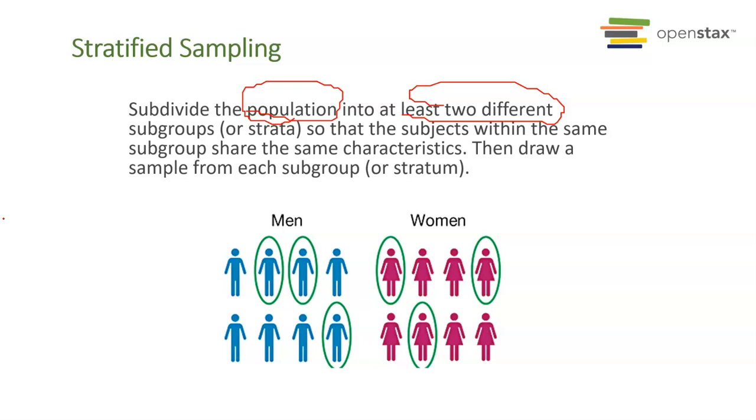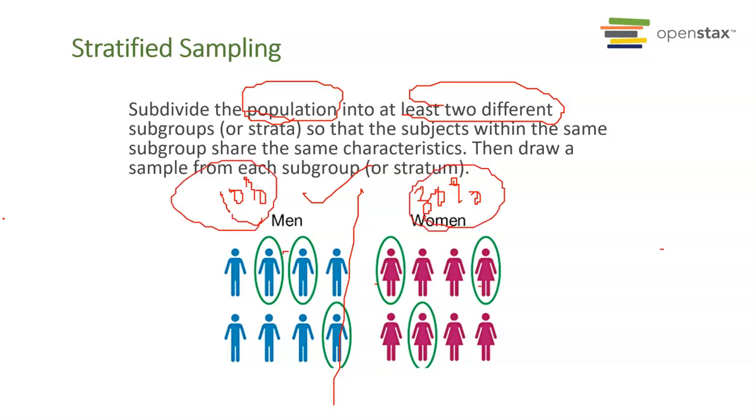Then you break them up into groups and you say, oh, I'm going to take 3 from each one, or I'm going to talk to 10% of these groups and then 30% from these groups, where you're going to break everybody up into groups and then take some from each group. How you pick that sum, is it the same amount from each, or is it a percentage? That kind of just depends on what method that you're going to use.